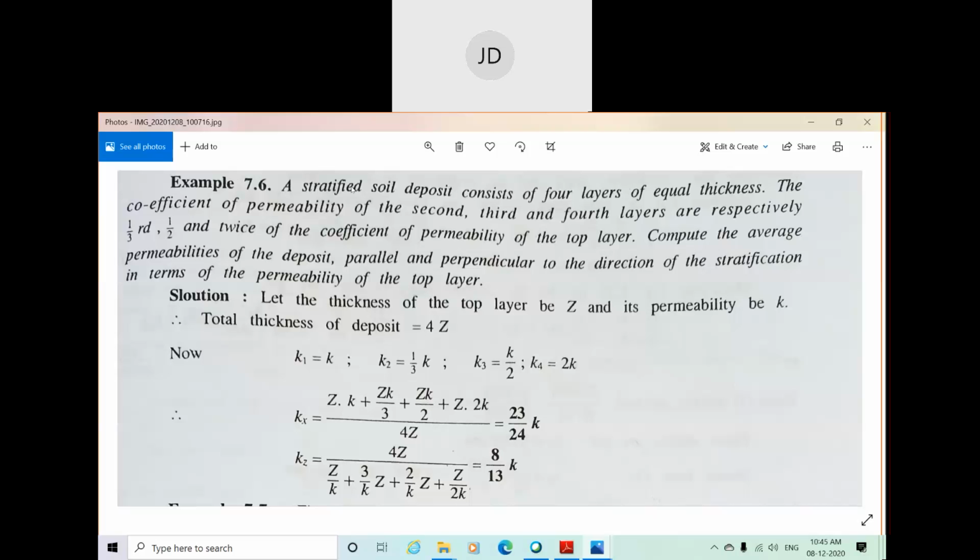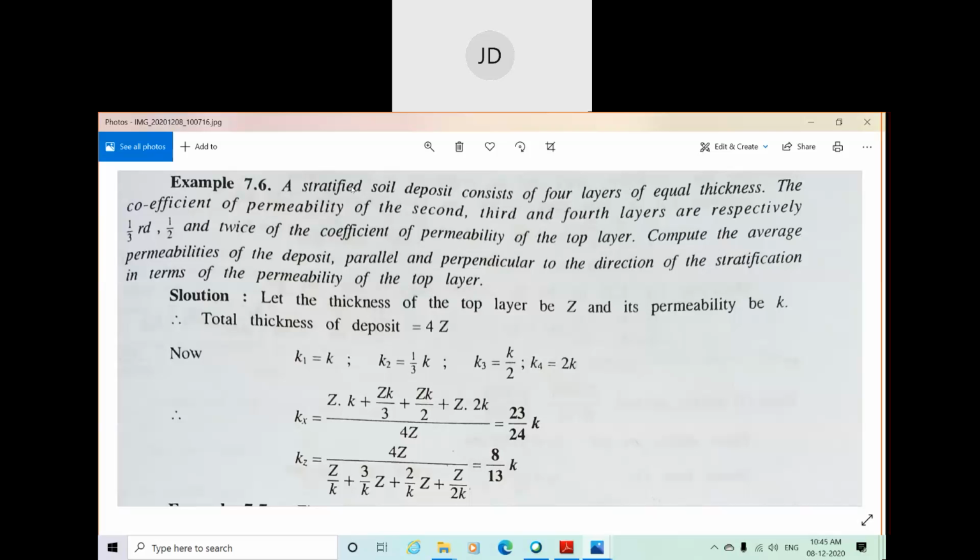Now the average coefficient of permeability of the second, third, and fourth layers are respectively 1/3, half, and twice of the coefficient of permeability of the top layer.